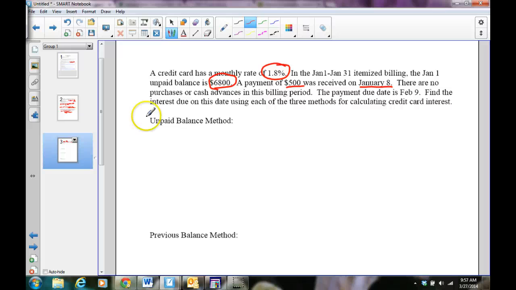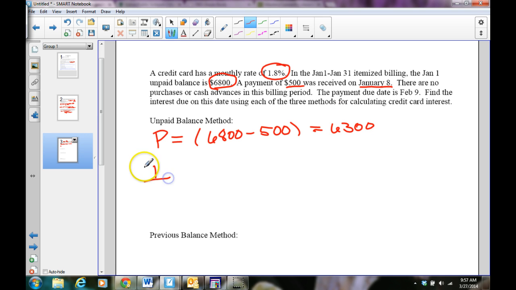So the first one we need to look at, we got to find what our unpaid balance is, and that's what our P value is on this. And that is $6,800 minus $500. That's going to be $6,300. So if I do I equals PRT, that's going to be 6,300 times my rate.